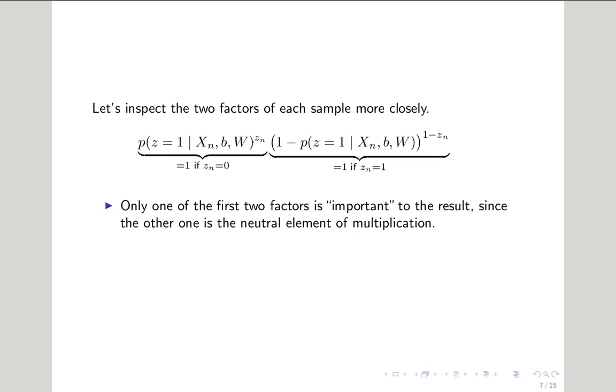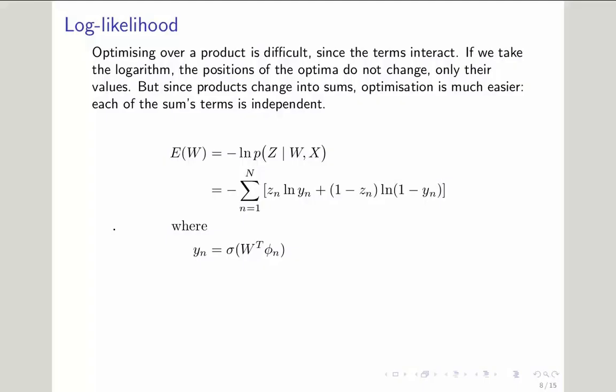However, if it is equal to 1, that is, it belongs to class 1, then the second factor will take precedence. Now, since we need to maximize this likelihood to get the optimal value for our parameters, we use logarithms to change the product into a sum. You'll notice that the y sub n is the linear form that we saw before.